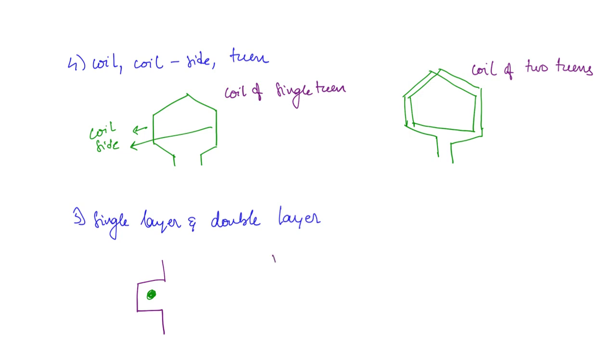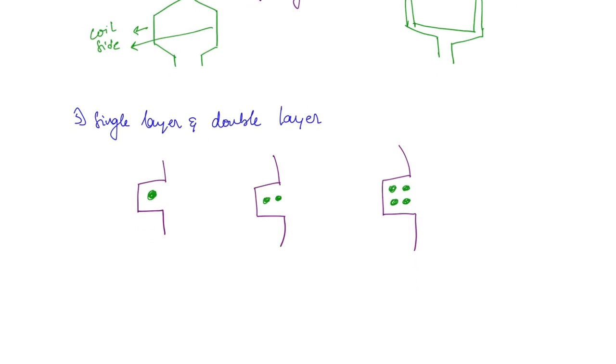But what is going to happen if you keep two conductors one over the other? This is called double layer, and this is also called double layer. There is one coil here, another coil here, another coil here. This is also called a double layer. So you can write it down. This is single layer and these both are double layer.